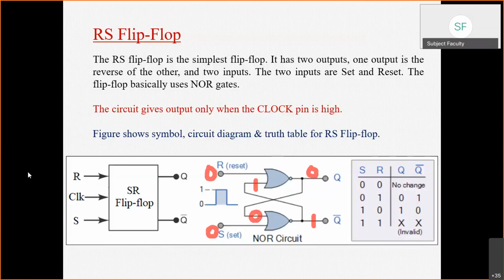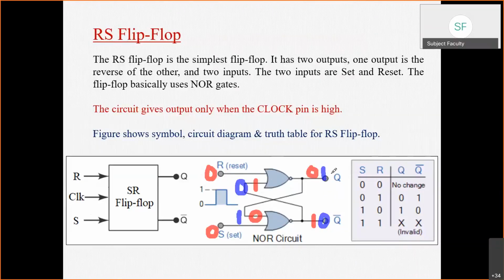Okay, we'll take another example. Let's assume that the value of Q is 1 initially and the value of Q bar is 0. It could be possible, right? So in this case, this 1 will propagate through this connection here, and this 0 is propagated through this connection here. Now for the above NOR gate, both inputs are 0, so its output will be 1.